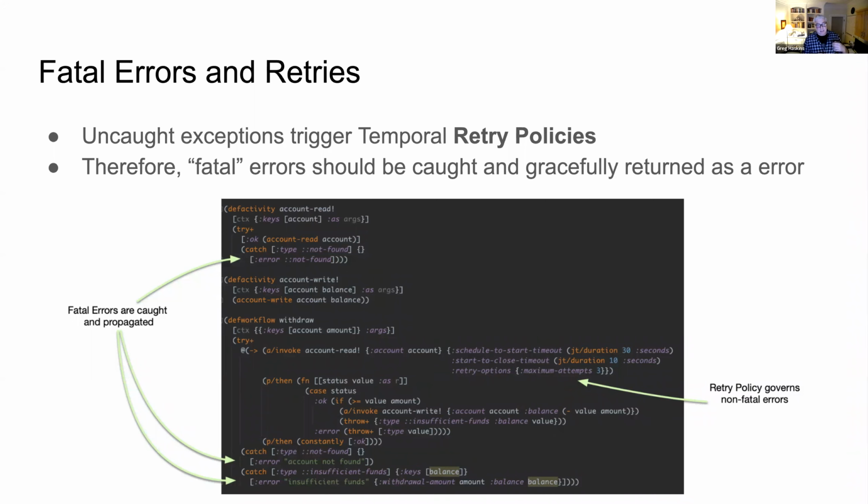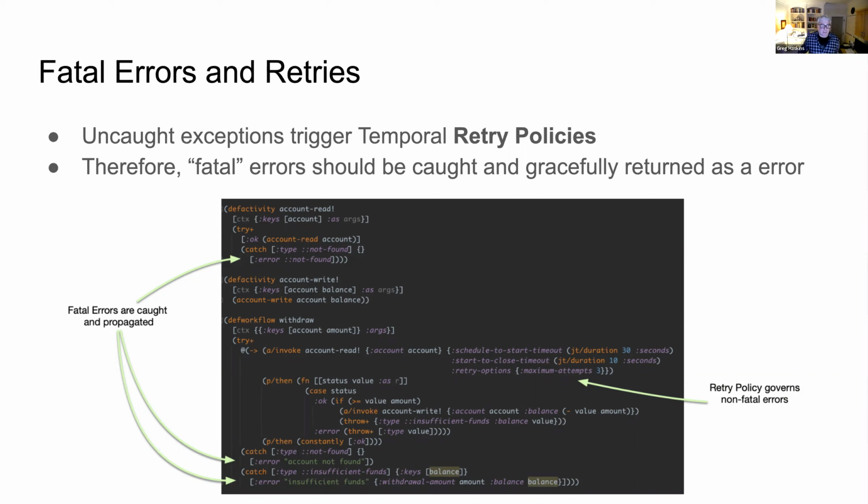So the activity starts running, it can't find the database, it throws an exception. Temporal will automatically, according to your retry policy, start trying that activity again and again. You might say try it 3 times, or try it infinitely with exponential backoff, whatever. But there are cases where you don't want it to do that.